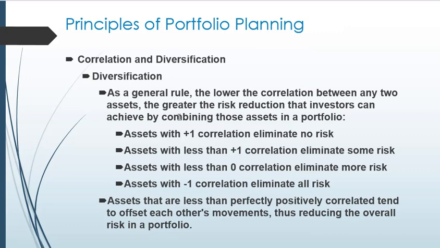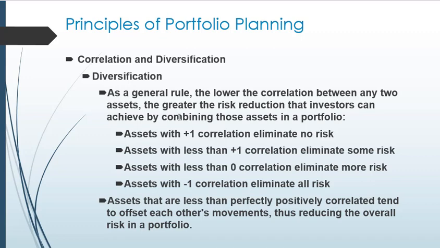As a general rule, the lower the correlation, the greater the risk reduction you get when you combine those assets in a portfolio. Assets with a +1 correlation will receive no reduction of risk. As the correlation declines from +1, it eliminates some risk.